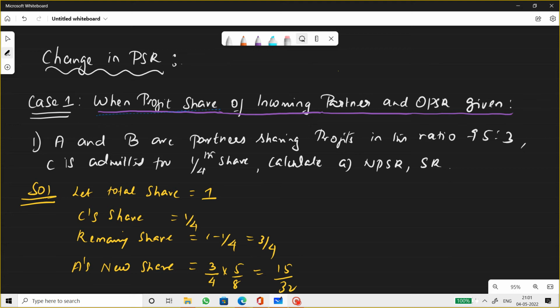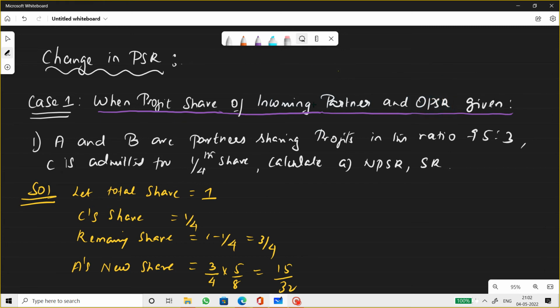When the profit share of the incoming partner and the old profit sharing ratio is given. So these types of questions are those in which the new partner's share is given and the old partners' profit sharing ratio is given.